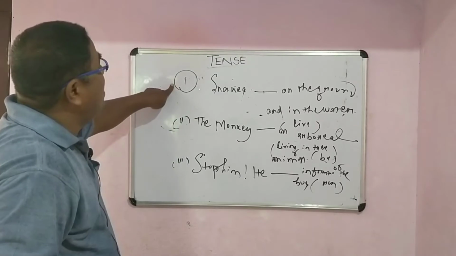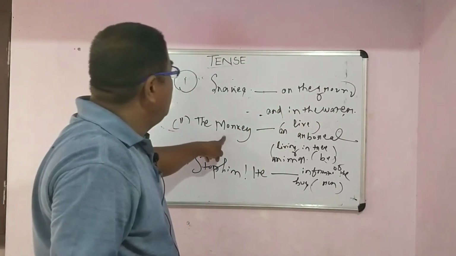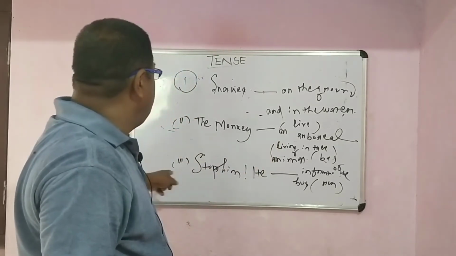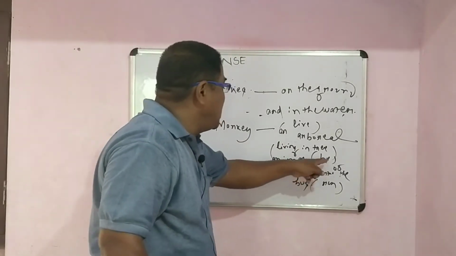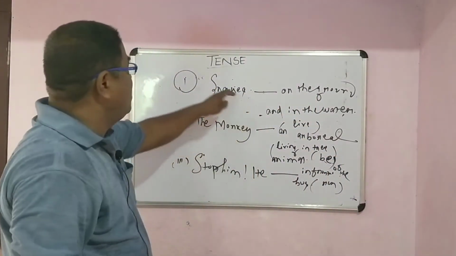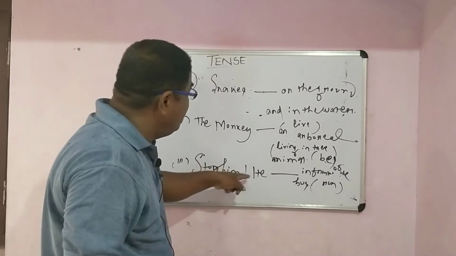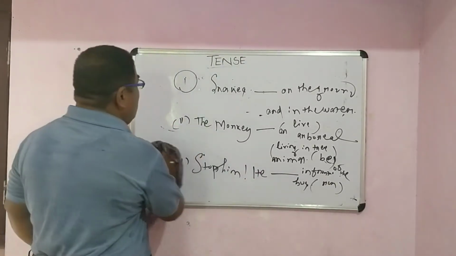Our 3 questions are over. Snakes dash on the ground and in the water. Number 2, the monkey dash an arboreal animal. Arboreal means living in a tree. Within the bracket we have the option B as the verb. You just try to form the correct form of the present tense. Number 3, stop him. He dash in front of the bus. Within the bracket, run. Question number 3 is over.